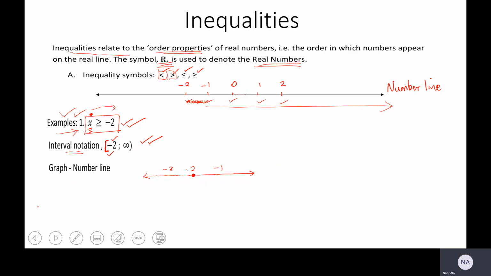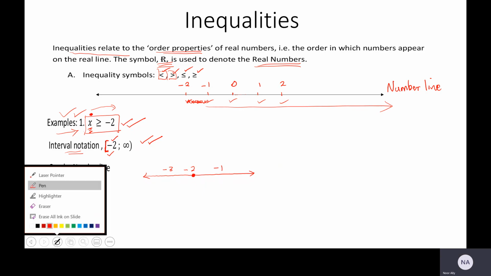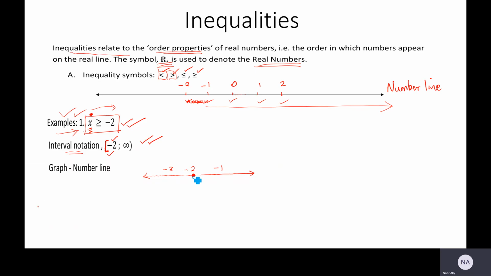Maybe we should just take another color. Let's choose blue. So -2 is included and it's greater than -2. So we'll indicate that as the graphical representation of the inequality x greater than or equal to -2.